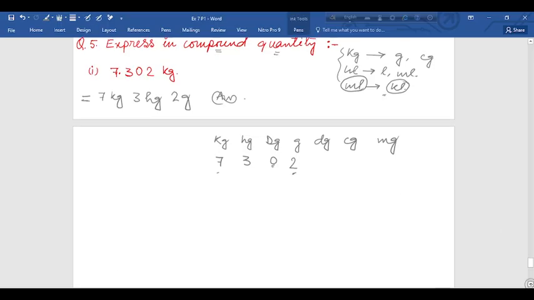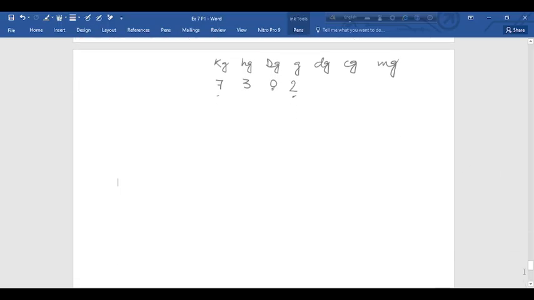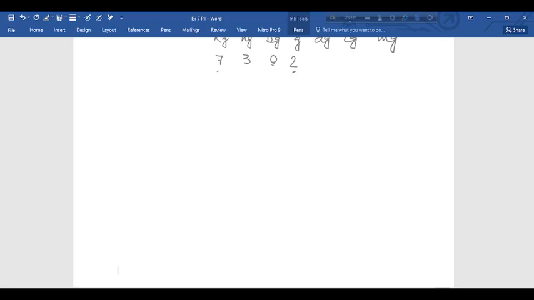Next, question number 2 part 5, which is 4.036 meter.